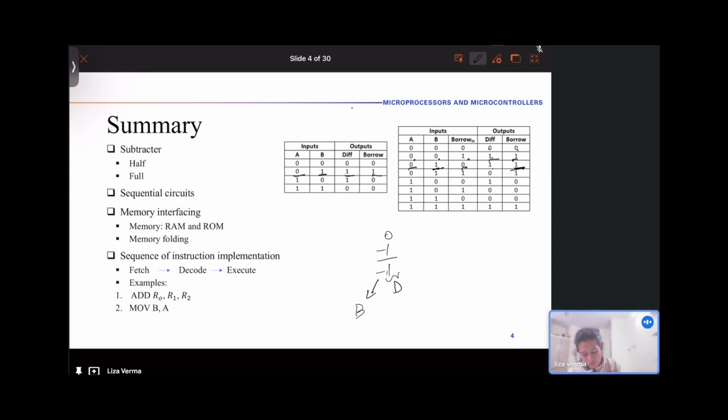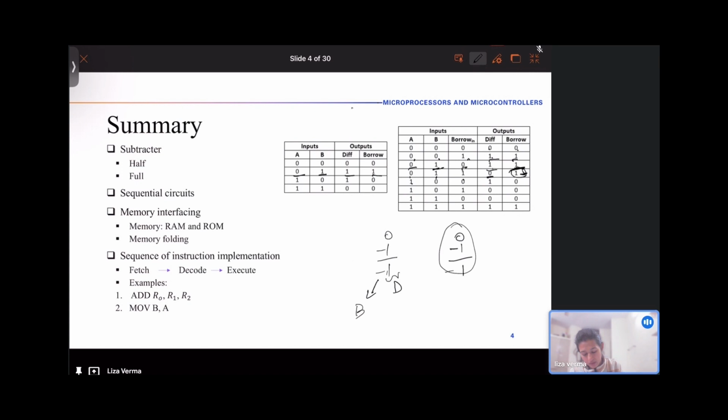So borrow of 1, difference of 1. 0 minus 1 is difference of 1 and borrow, let's take care of it later. 0 minus 1 is 1 and 1 minus 1 is 0. There is a difference, right? And since there was borrow here we get 1 borrow.